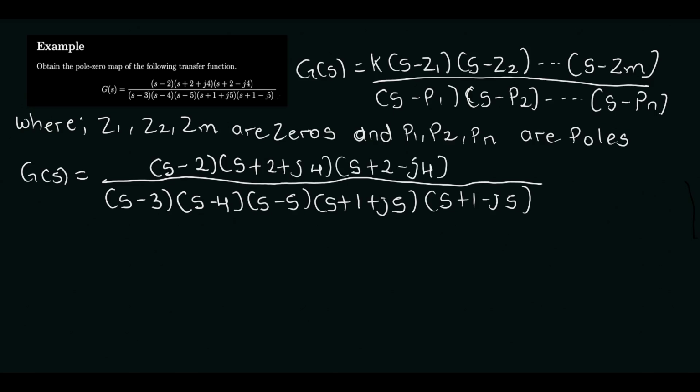Our zeros will be s equals 2 on this one right here, s equals minus 2 minus j4, and s equals minus 2 plus j4.